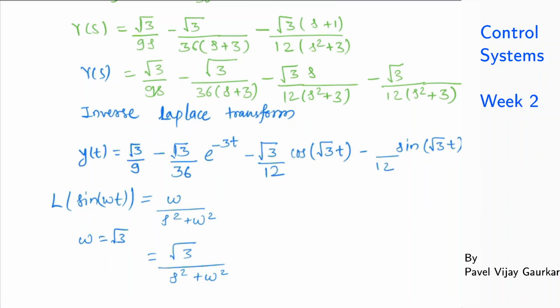Yeah. Okay, so it's correct. That's correct, right? So this fellow would become the inverse Laplace transform of sine over t. So we'll be left with 1 over 12.